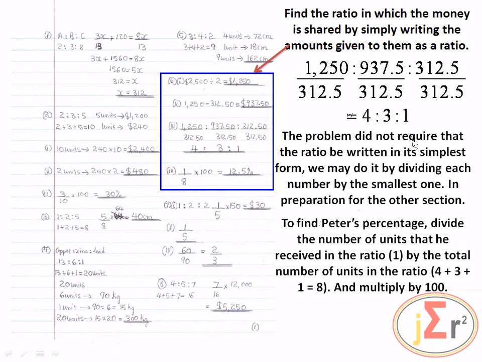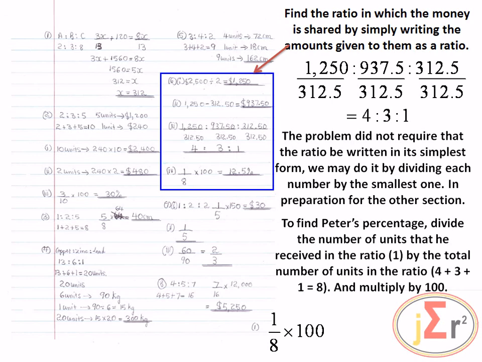Peter gets 1 out of a total of 8. And that we multiply by 100. And what is the answer? We know that a half is 50%. We know that a quarter is 25%. What is a half of 25?